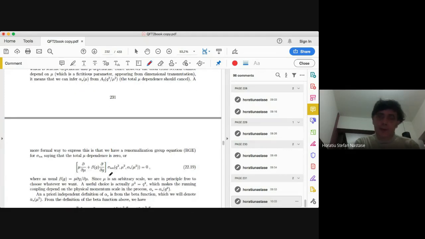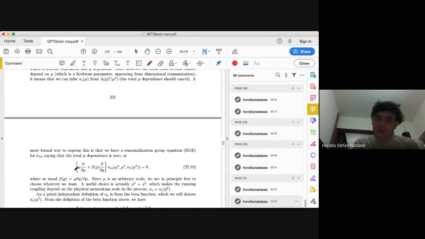Right. So one formal way of saying it is that sigma total depends on q squared, that we knew, depends on mu squared, apparently, and alpha strong also apparently depends on mu squared.